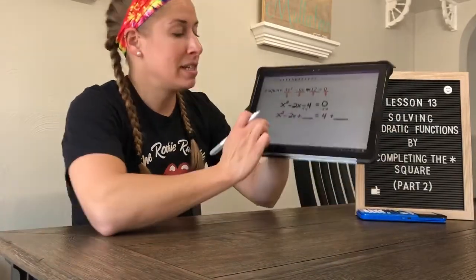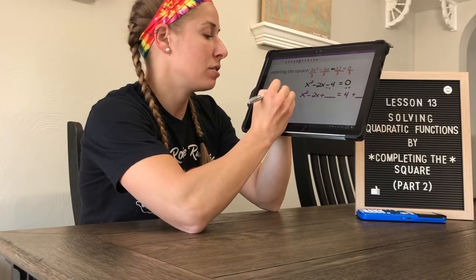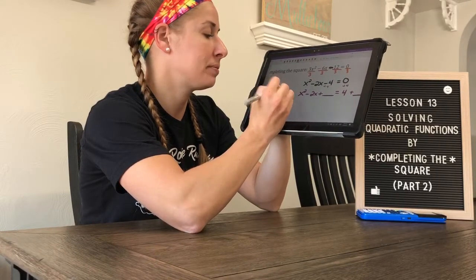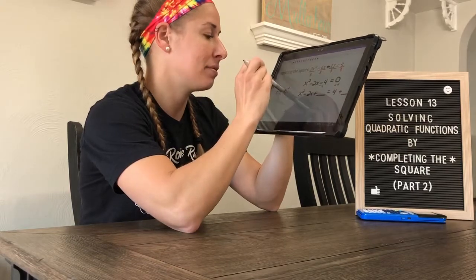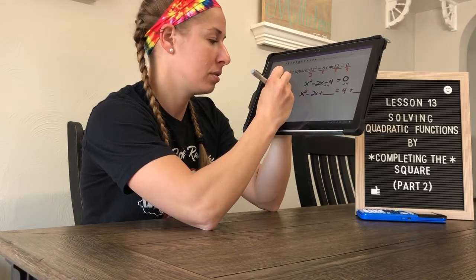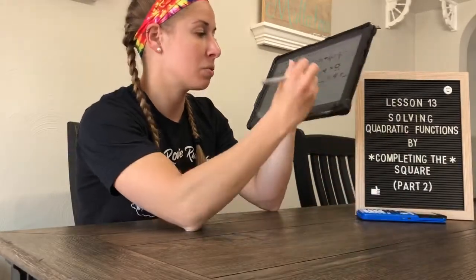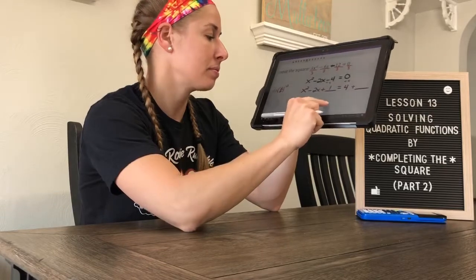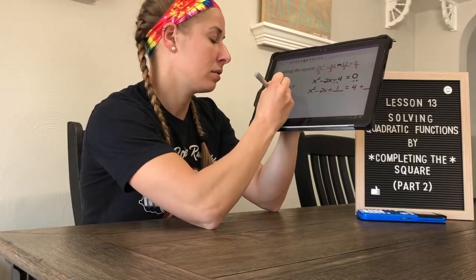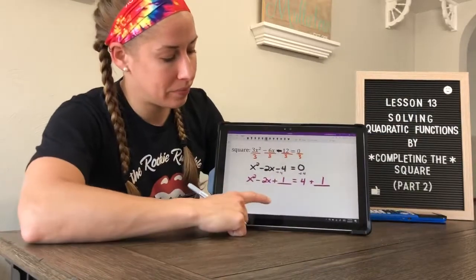And how do you find c? You take half of b and square it. Half of 2 is 1, and 1 squared is 1. So we're plugging in 1 for our blanks.